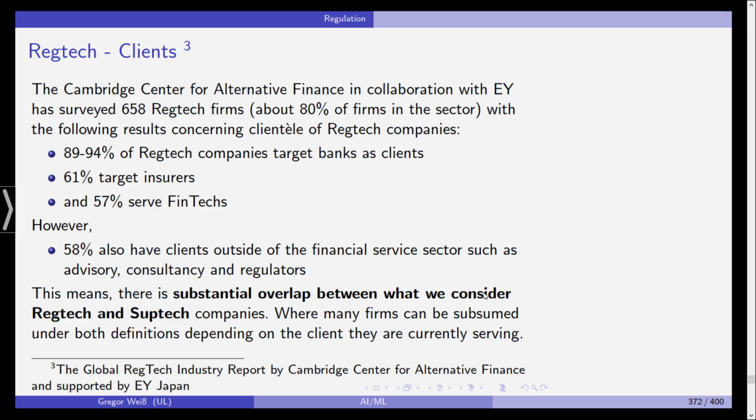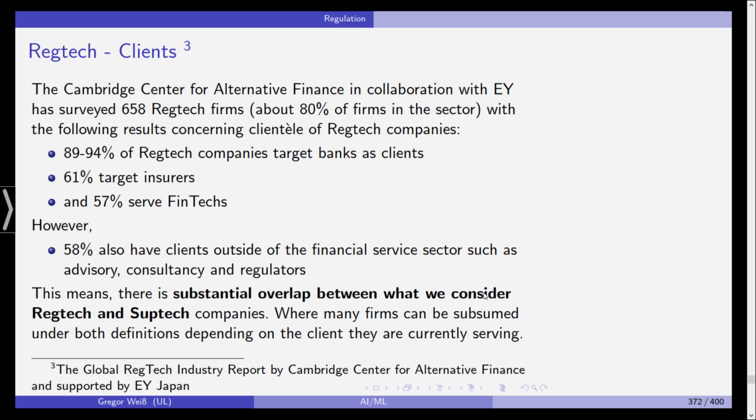And 58% of those Regtech companies also claim that they have clients outside the financial service sector, which makes sense because large industrial companies usually have less regulation and usually no supervision, but most of these companies also have similar problems. For example, the risk of fraud, of transactions being fraudulent or erroneous, and thus every large industrial company is also on the lookout for automated processes within its finance function.